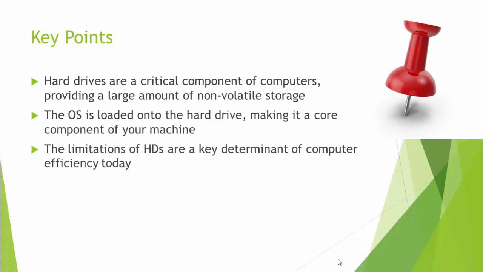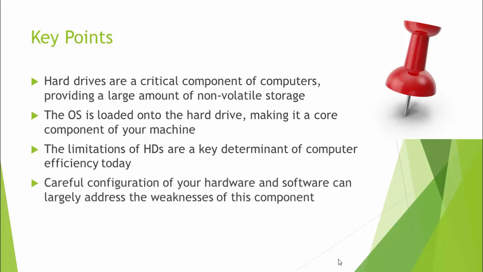Now, the limitations of hard drives are one of the key things that makes computers less efficient today, and we have other forms of storage to make up for this, such as RAM and SSDs. And so if we understand what the advantages are of the different kinds of storage, we can configure a computer that reduces the effect of the weaknesses on the user experience. So we can design a computer to match the user's requirements.